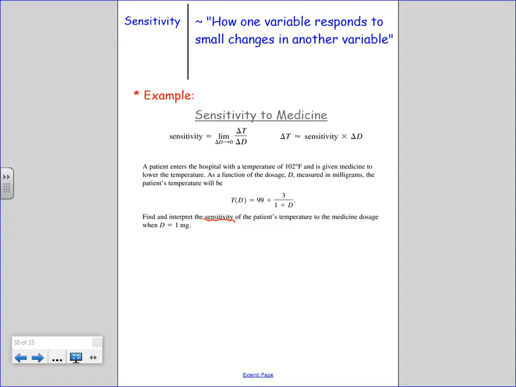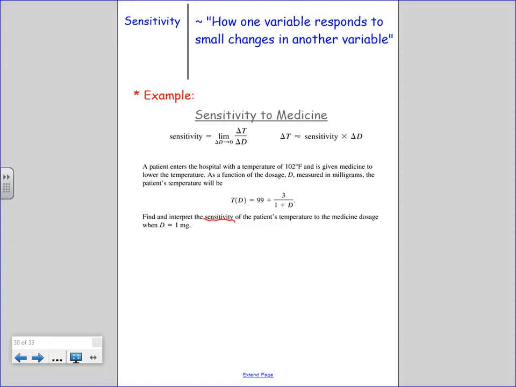When you first plug in 1, you get 99 plus 3 over 2, and then 102 minus that would be the change in temperature between two specific times. But if we're doing delta D going to 0, we're not just talking about those two times, because that would be like an average.